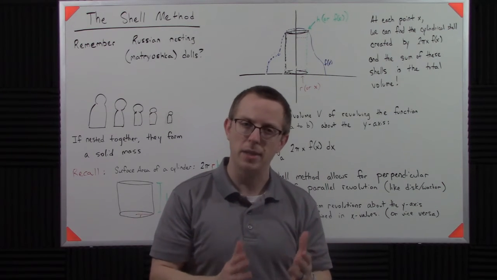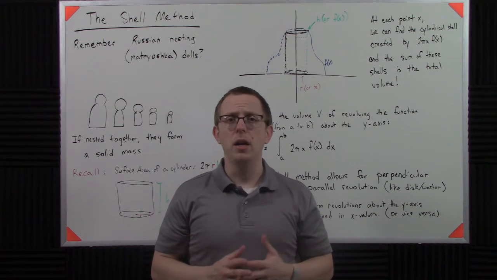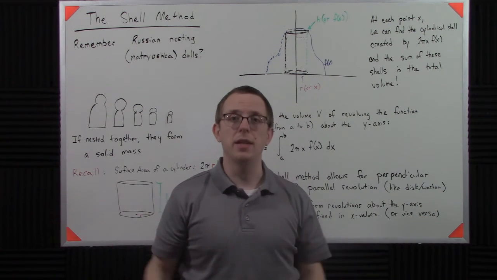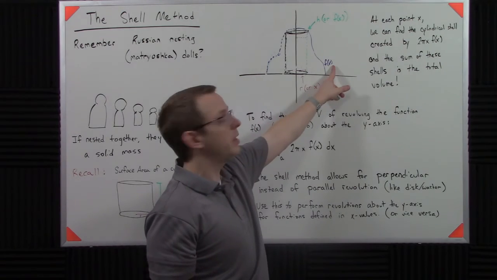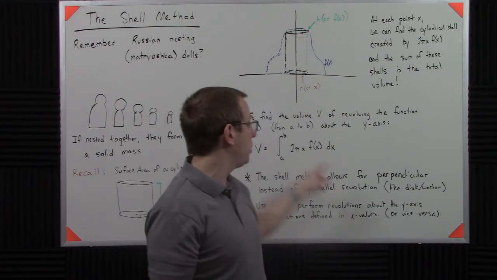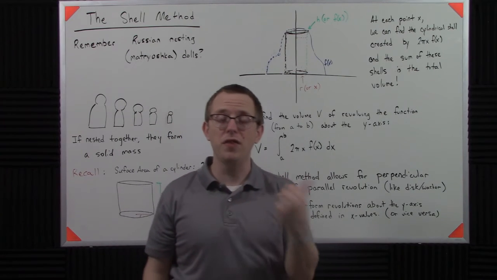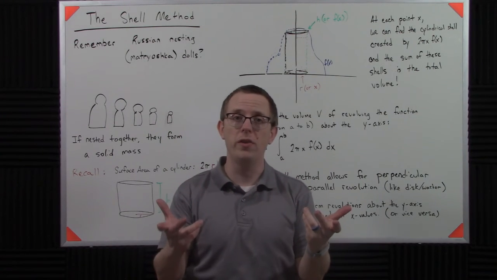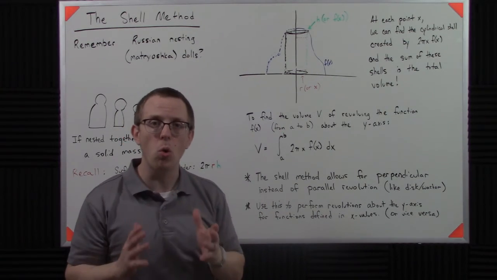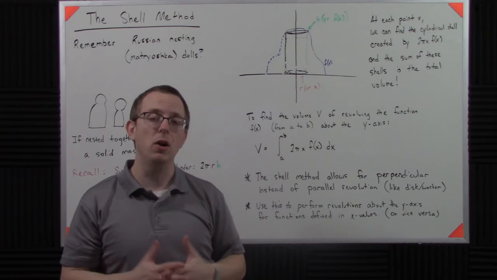It would have been pretty nasty, so I wouldn't recommend that. What the shell method allows us to do is completely get rid of any of that. It says, look, if I've got a function defined in terms of x, but I want to revolve it around the y-axis, I just use this thing. And similarly, if it's defined in terms of y and you want to revolve around the x-axis, you can do this. That's one of the biggest benefits there.